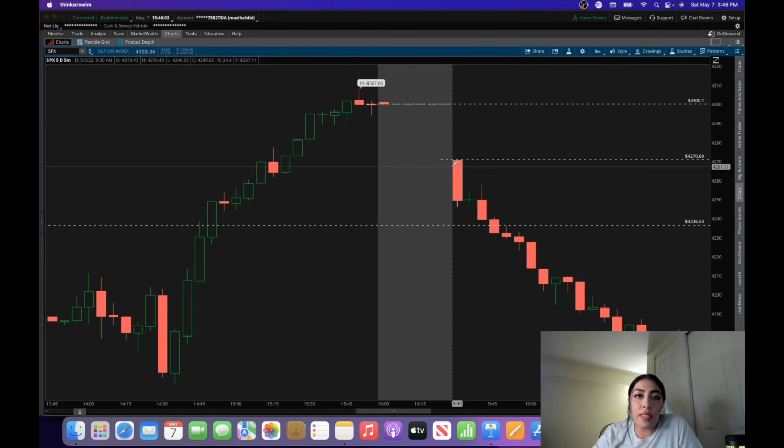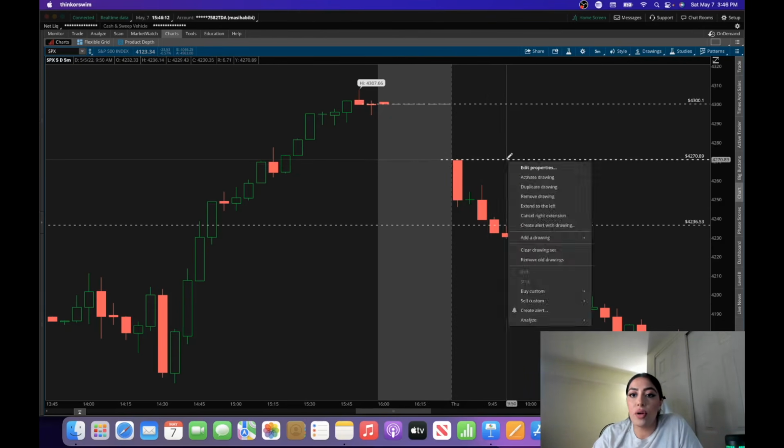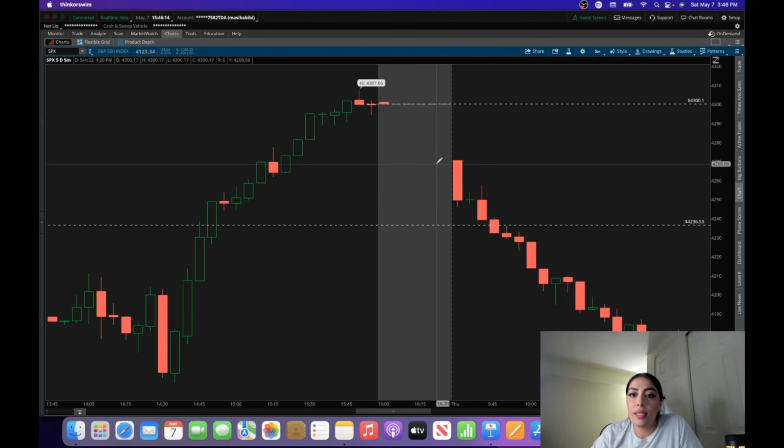Now what you will see is sometimes when you chart SPX all the way down, say for example, this gap down to like 42.66, 67. And then you had a level at 42.70, okay? I would take the entry at 42.70.